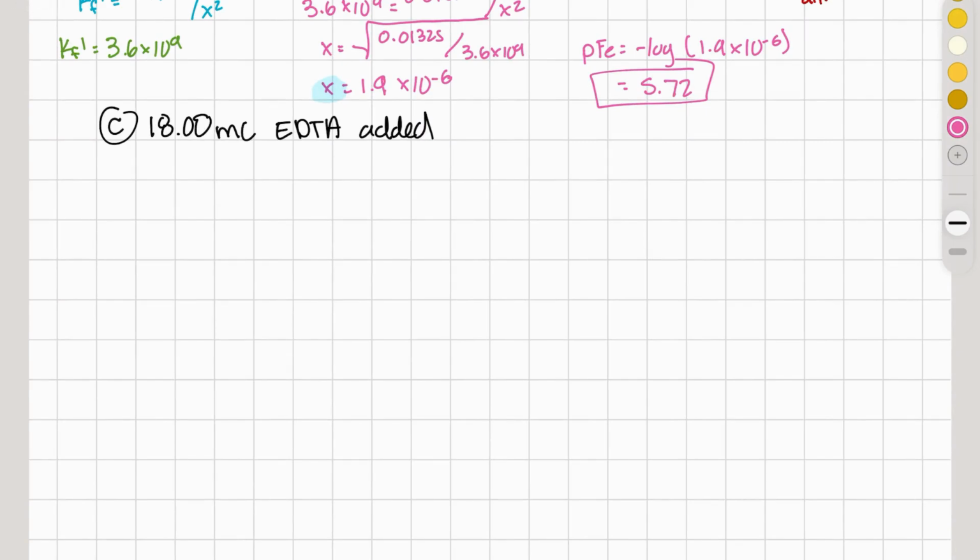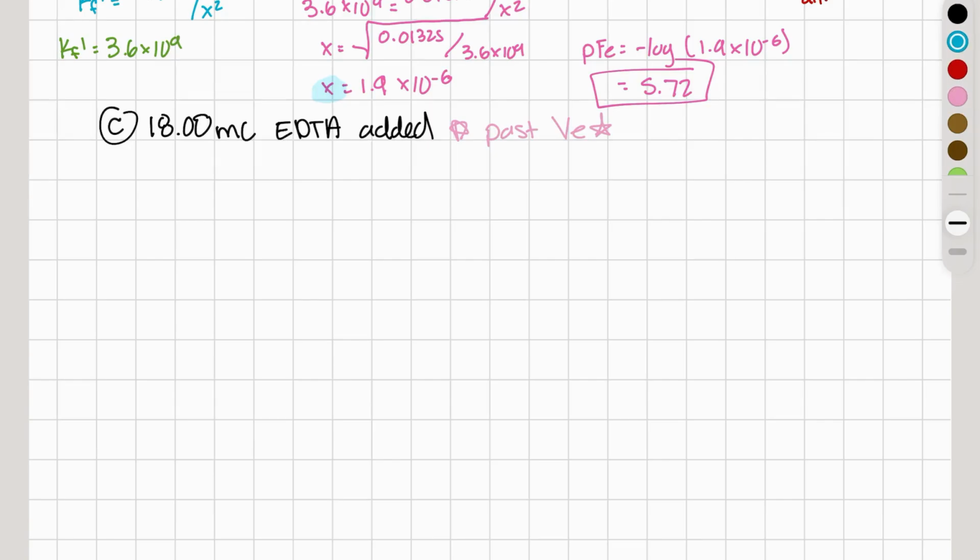Okay, this last one is 18 milliliters of EDTA have been added. So now we are past VE, or after VE. And what we're going to want to do here is, again, remember what we have in our solution. At this point, it has excess EDTA, and virtually all the metal is in the form of that FeY2-.